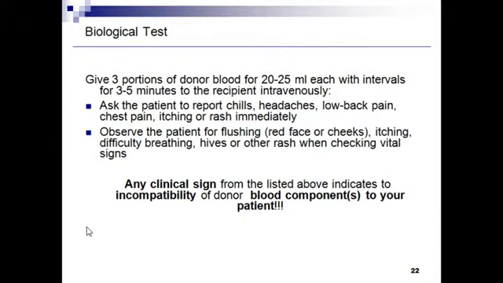I mean, if the patient presents itching, difficulty breathing, hives or other rash when checking vital signs, it means the blood is incompatible according to recent blood antigens. Any clinical sign from the listed above indicates incompatibility of the donor blood component to your patient.